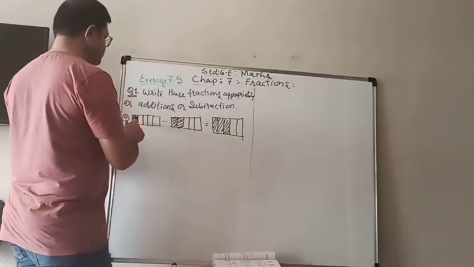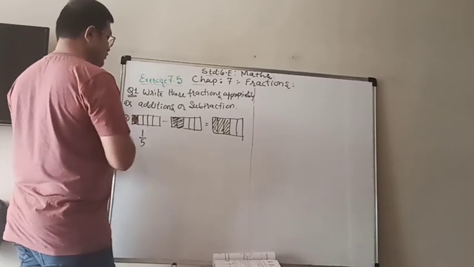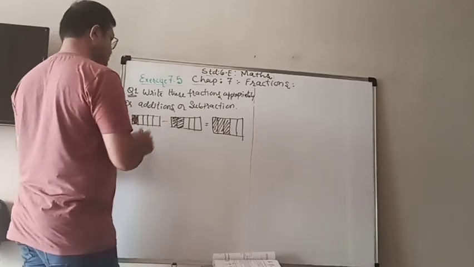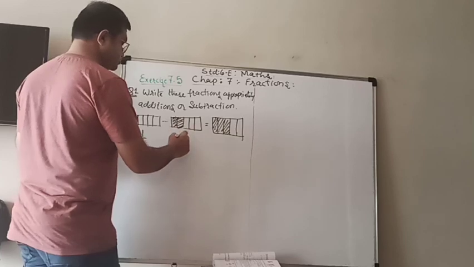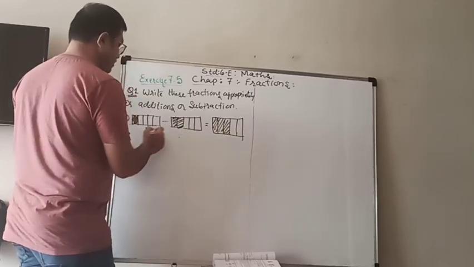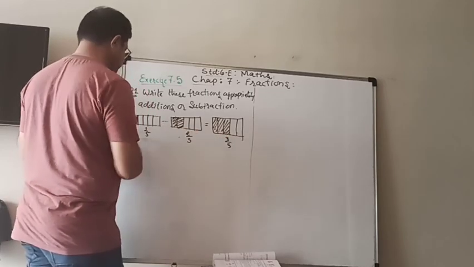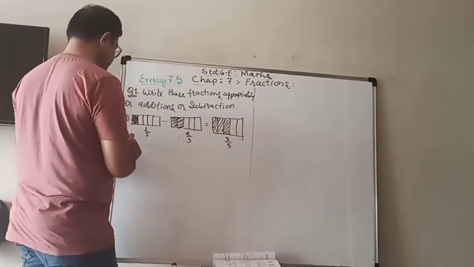Now we know that it is 1, 2, 3, 4, 5 and 1 is shaded, so that is 1 upon 5. And here it is 2 upon 5 and that is 3 upon 5. So this represents 1 upon 5, this represents 2 upon 5, this represents 3 upon 5.